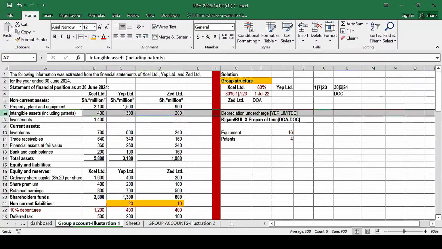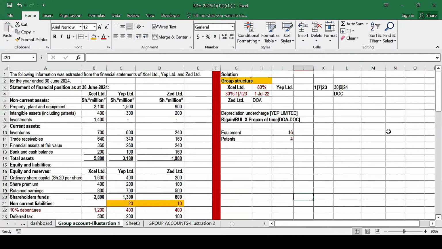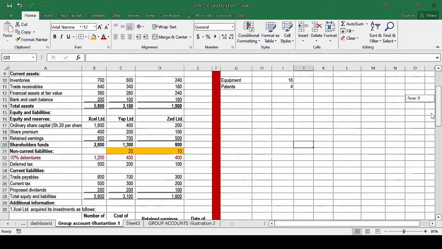We don't depreciate intangible assets, we refer to that as amortization, but no problem, let's just refer to it as depreciation. Essentially it should be amortization. These ones will also be deducted from the retained earnings of the other company.